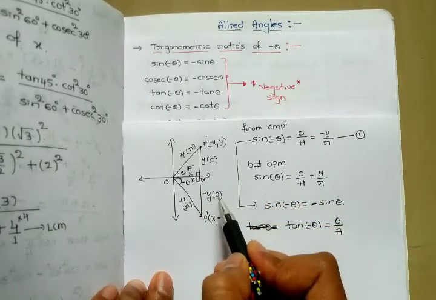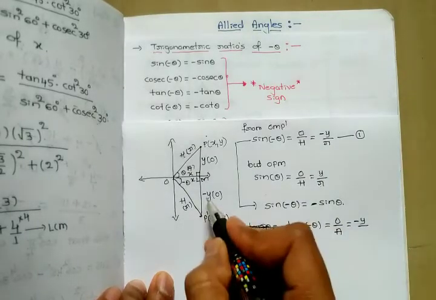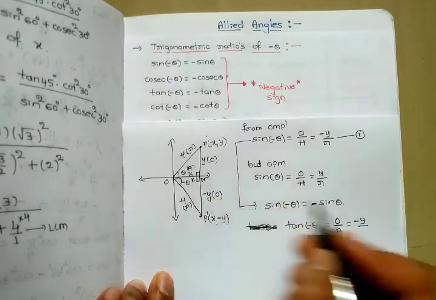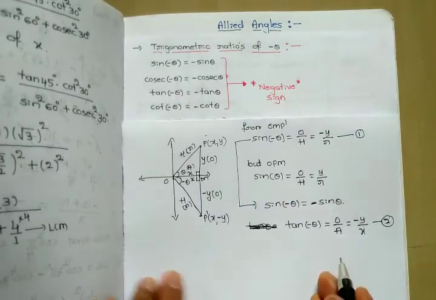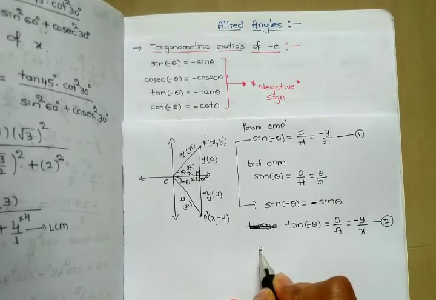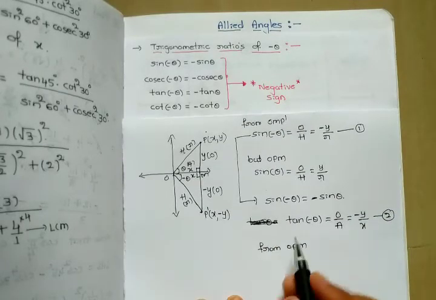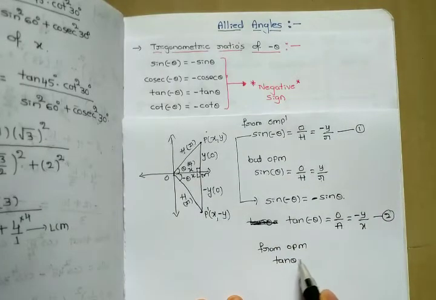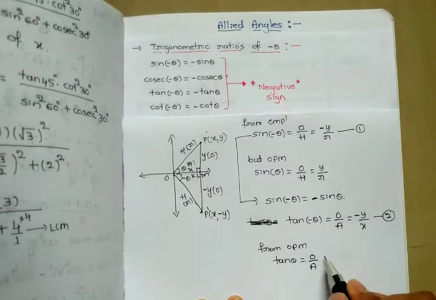In this triangle, opposite means minus y divided by adjacent side, which is x. Again, this I am going to call 2. But from the triangle OPM, tan theta is again opposite divided by adjacent side.